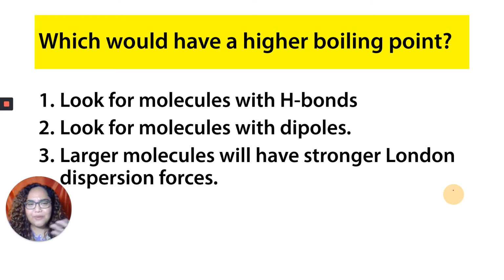Okay, now what about the boiling points? Which would have a higher boiling point? And I'm going to show you some examples after this. So here are some pointers to determine which would have a higher boiling point. Number 1, look for molecules with hydrogen bonds, because hydrogen bonds are the strongest among the IMFs, excluding, of course, the ion to ion IMF.